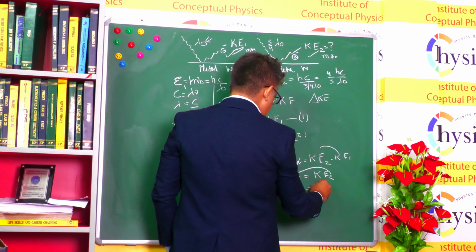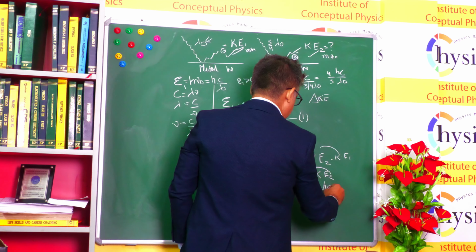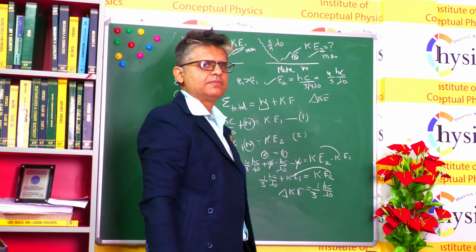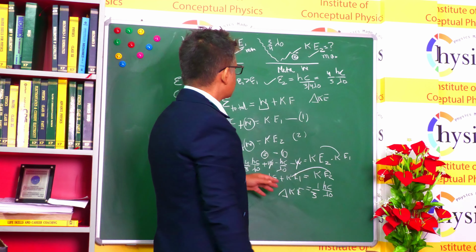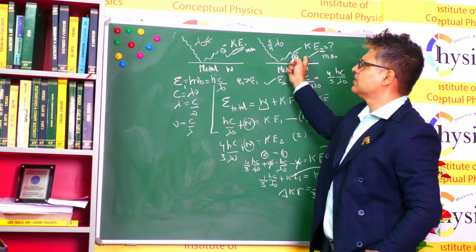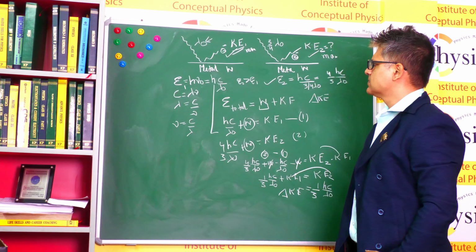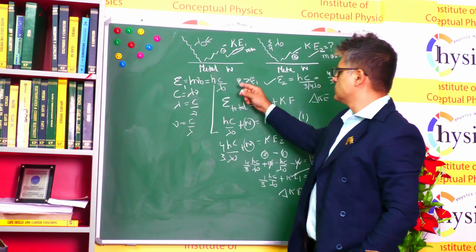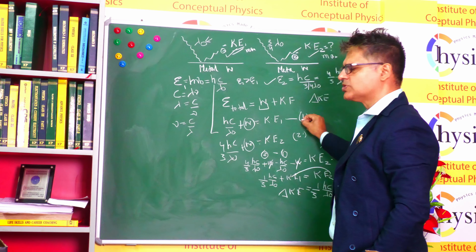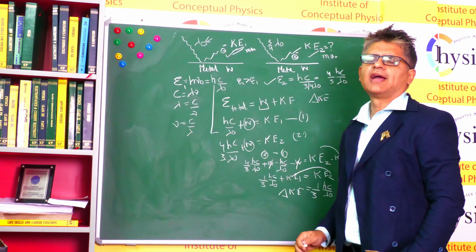And therefore what you get is 1/3 hc by lambda naught, right? So you would select this choice. The question was not what is the kinetic energy, but what is the change in kinetic energy of the photoelectrons. So just by mathematical manipulation, solving the two equations, you're able to express the change in kinetic energy.